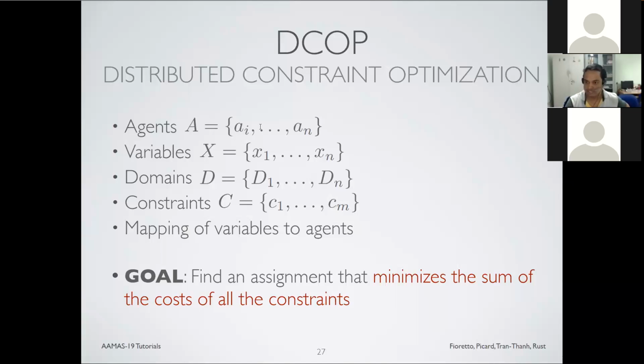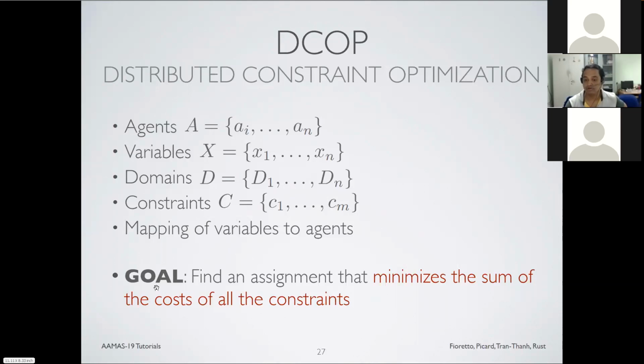Agent A2 is responsible for choosing a value from its domain for the variable X2. A3 is responsible for choosing the value from its domain, and so on.